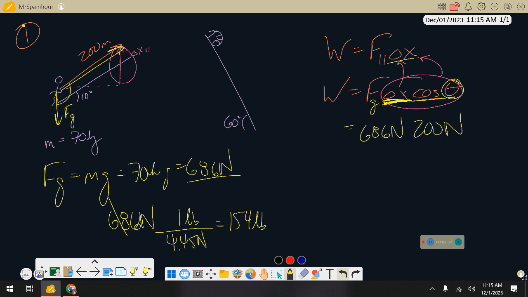So as this person is running up the hill, we see from the vertical to the horizontal is 90 degrees, and we see that that little angle is 10, which would mean that this is the cosine of 100 degrees, or just 90 plus 10. Calculate all of this in, and you will end with 686 times 200 times cosine of 100. You end up with negative 24,000 joules. Not quite that, but I rounded to a couple of decimals.